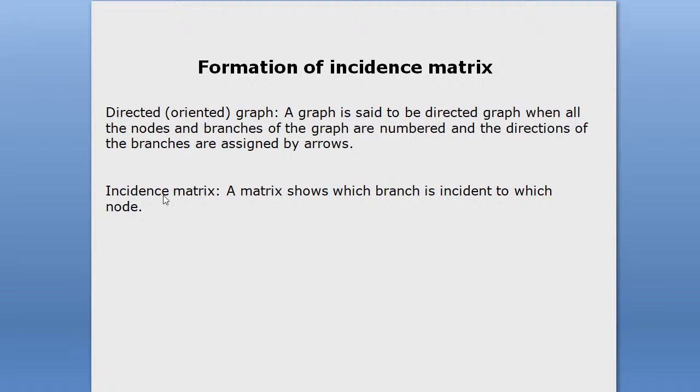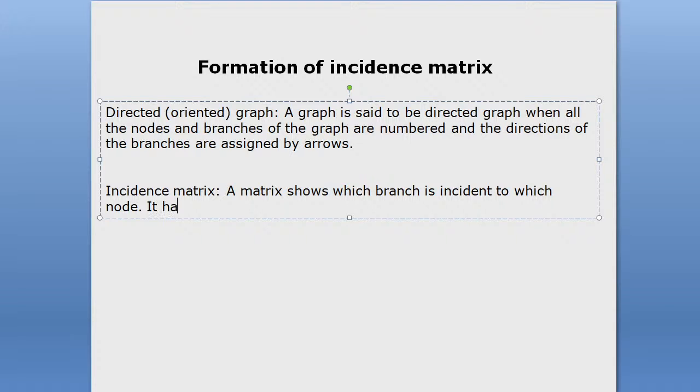So now let me tell you about the incident matrix. You know each matrix has some rows and some columns, so this matrix has an order, which is the number of rows by the number of columns.